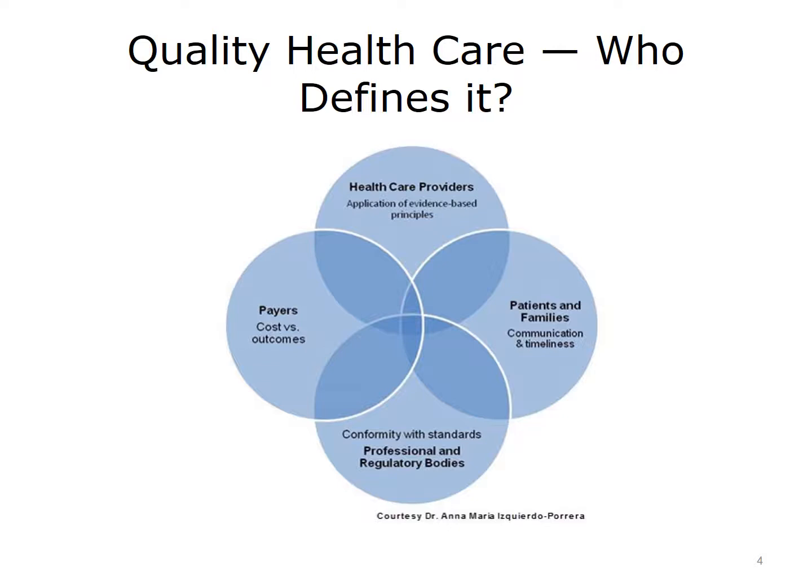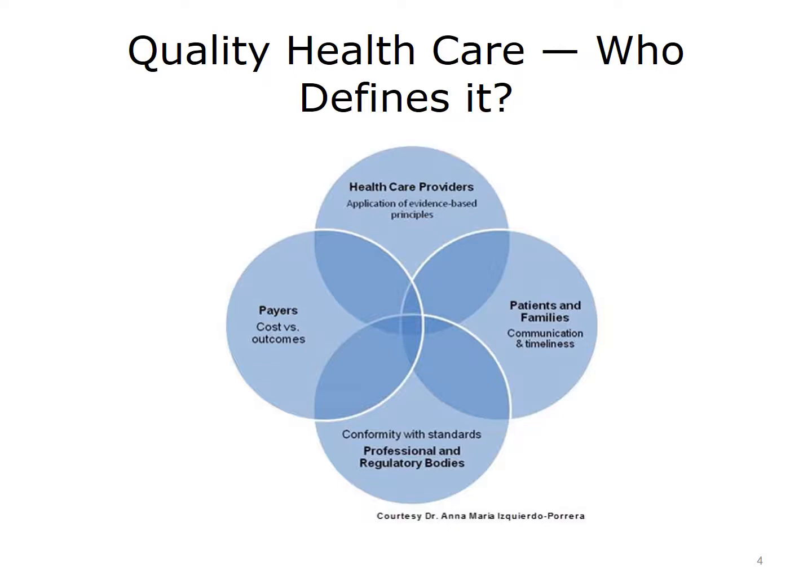Take healthcare providers, for instance. They are more likely to view quality as the application of evidence-based professional knowledge to the needs of individual patients. Patients and their families, on the other hand, may place more importance on how the provider talks with them or how long they have to sit in the waiting room. Payers value patient satisfaction and use of preventative services rather than focusing on longer-term clinical outcomes of the patient.